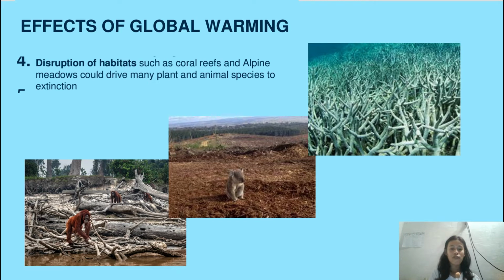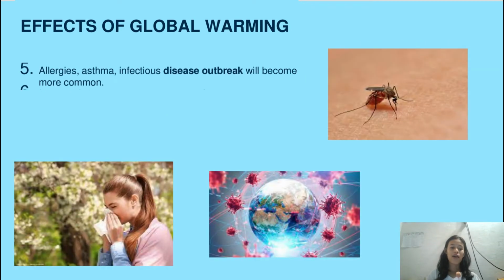The disruption of habitats caused by global warming is really visible in the news that we are hearing nowadays. Number 5, allergy, asthma, and infectious disease outbreaks will be common.